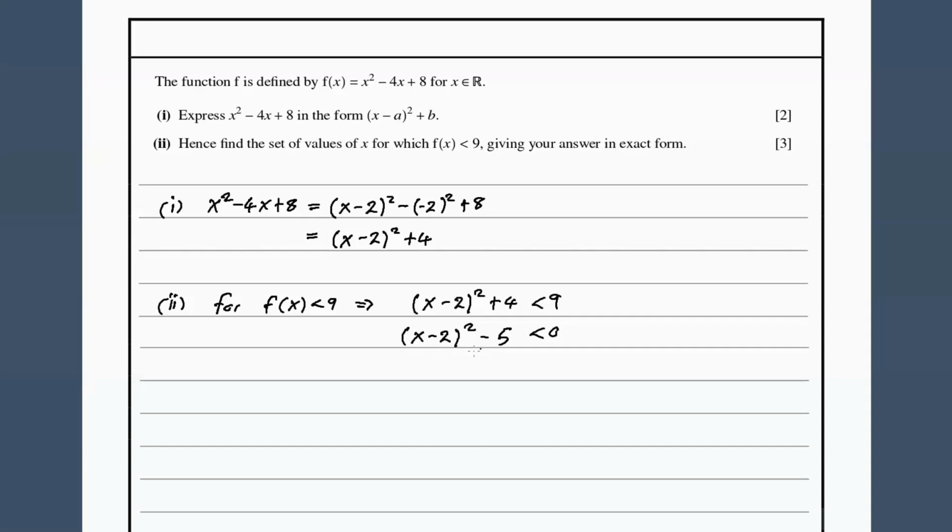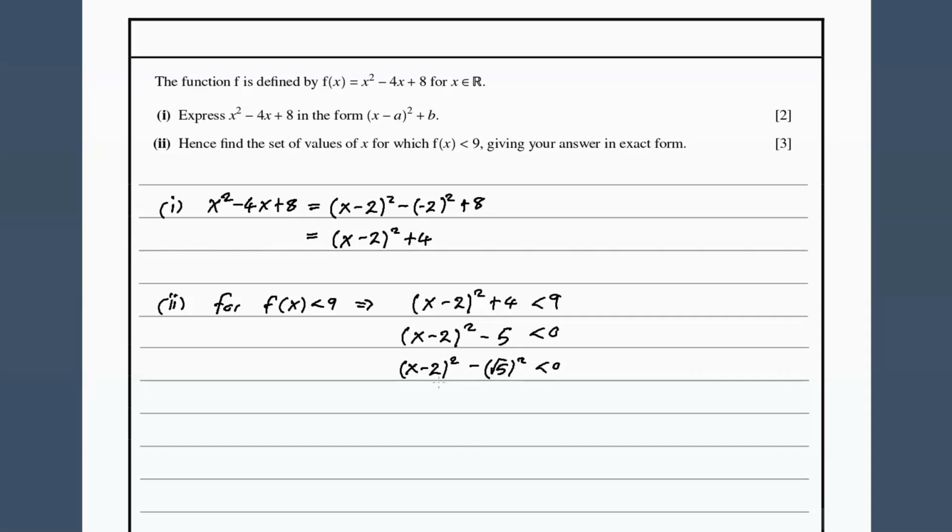Now from here, like we did in the previous example, we will consider this to be a difference of two squares, so it's basically x minus 2 squared minus 5 is as good as root 5 squared. It's less than 0.